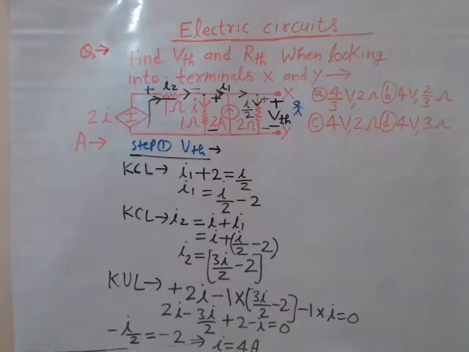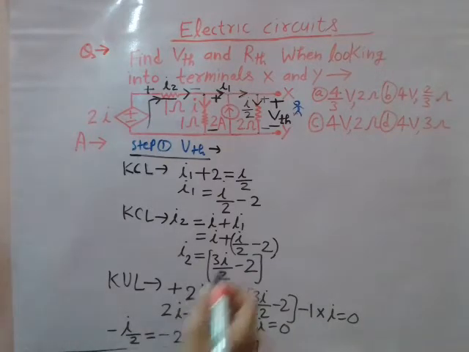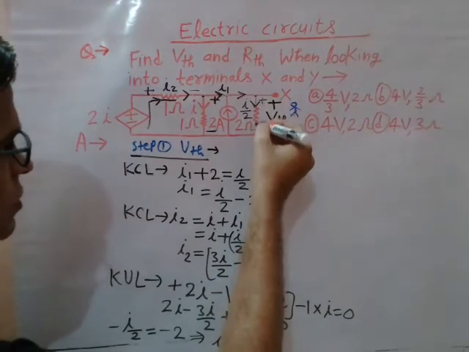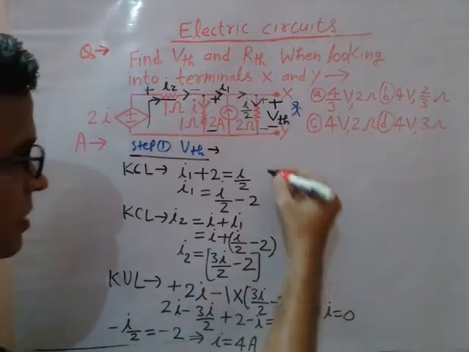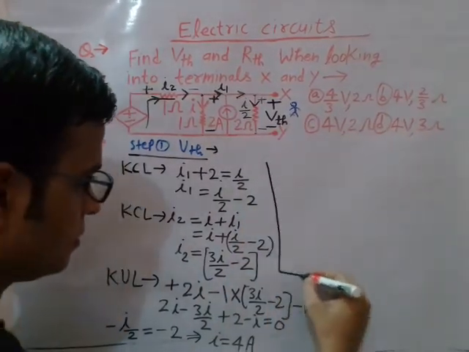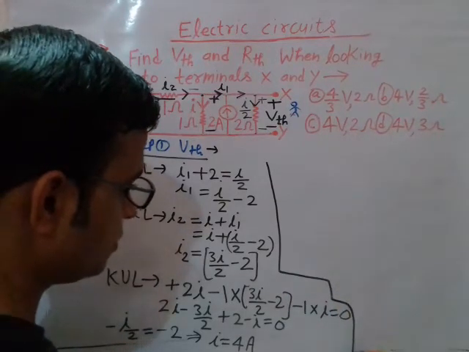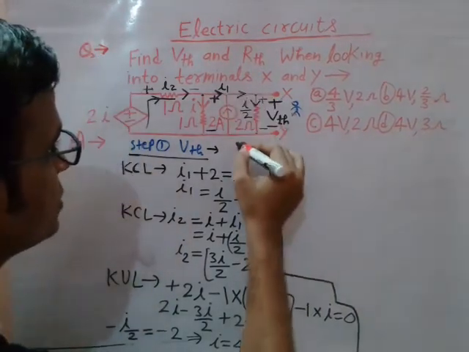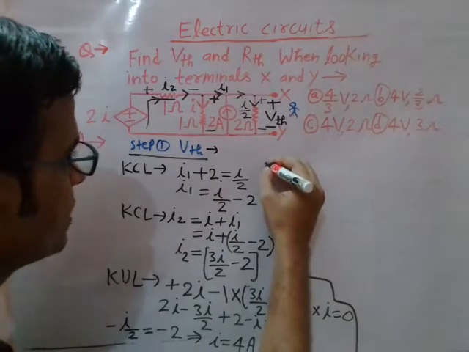Now VTH you can easily calculate. So how to calculate VTH? VTH is nothing but voltage drop across this branch, right? Or voltage drop across this branch, or voltage drop across this branch. Choose any branch.